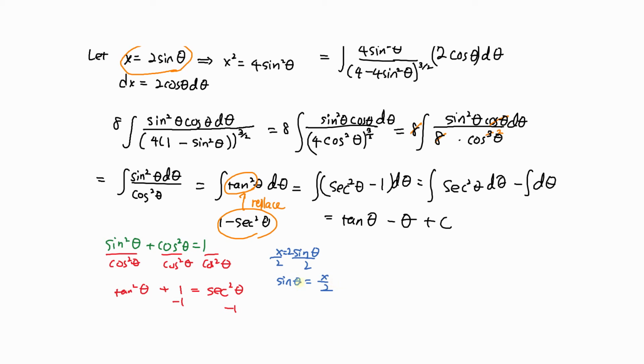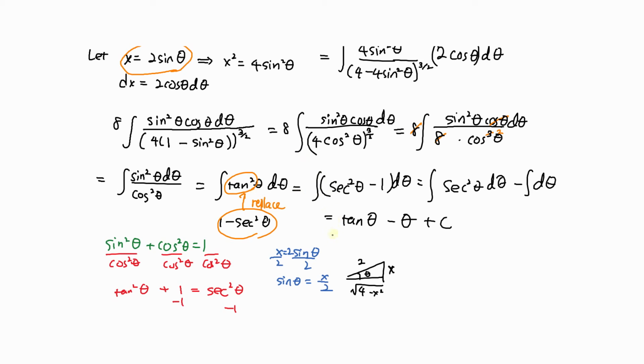So x over 2 resembles the opposite over hypotenuse. If I draw a triangle with a theta, the opposite is x because it's sine theta, and the hypotenuse is 2. And the horizontal side simply becomes radical 4 minus x squared, the form you saw above in the problem.